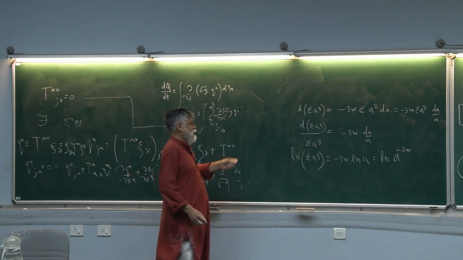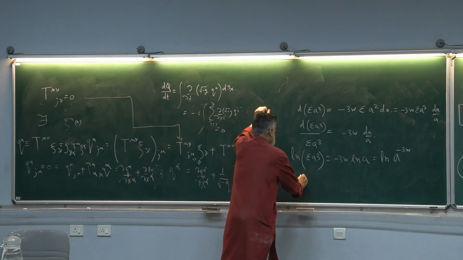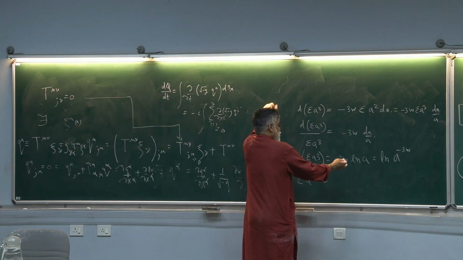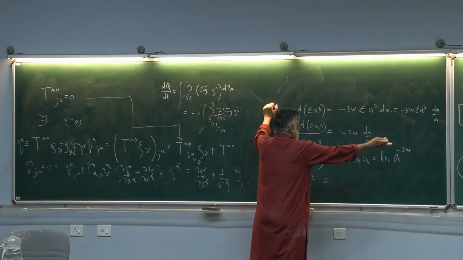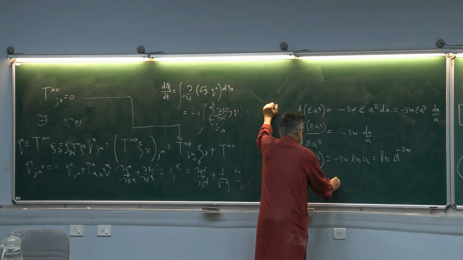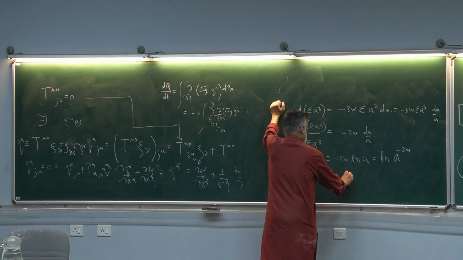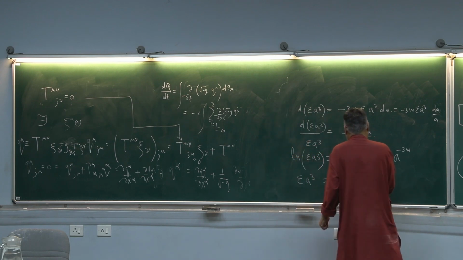And hence, I get the result: you exponentiate both. The e raised to power log of x is x itself. Exponentiate both, and you find the result that energy density A cube is proportional to some constant k, because you can add a constant to it, A raised to power minus 3W.